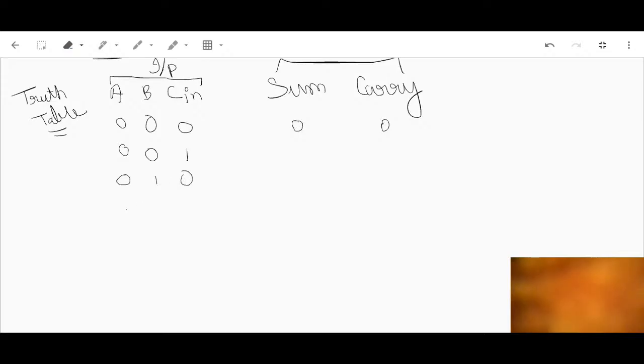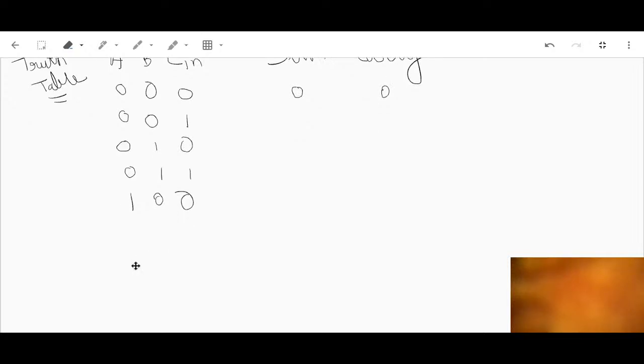And after that, we'll put the input as 0, 1, 1. Then 1, 0, 0, then 1, 0, 1. Then 1, 1, 0. Then triple 1 as input.